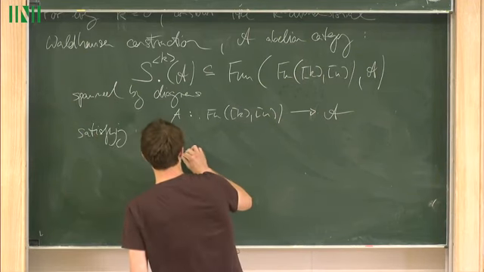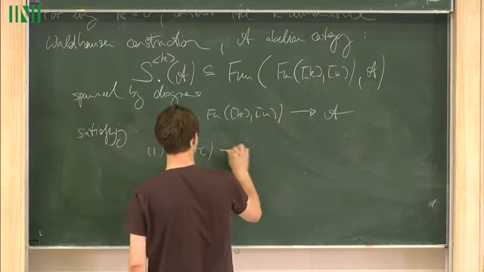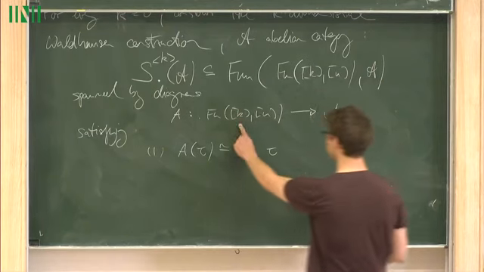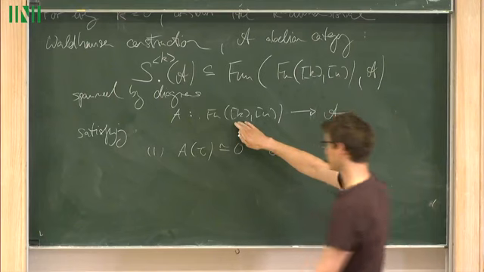We have number 1, A of any degenerate tau is equal to 0. So if tau is a degenerate k-subsimplex, so it's not an injective map, in other words.